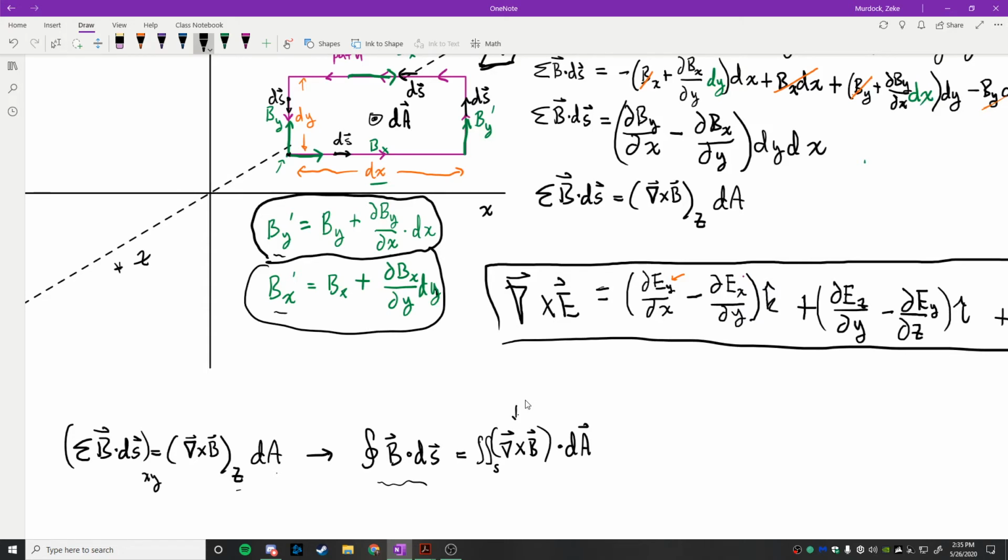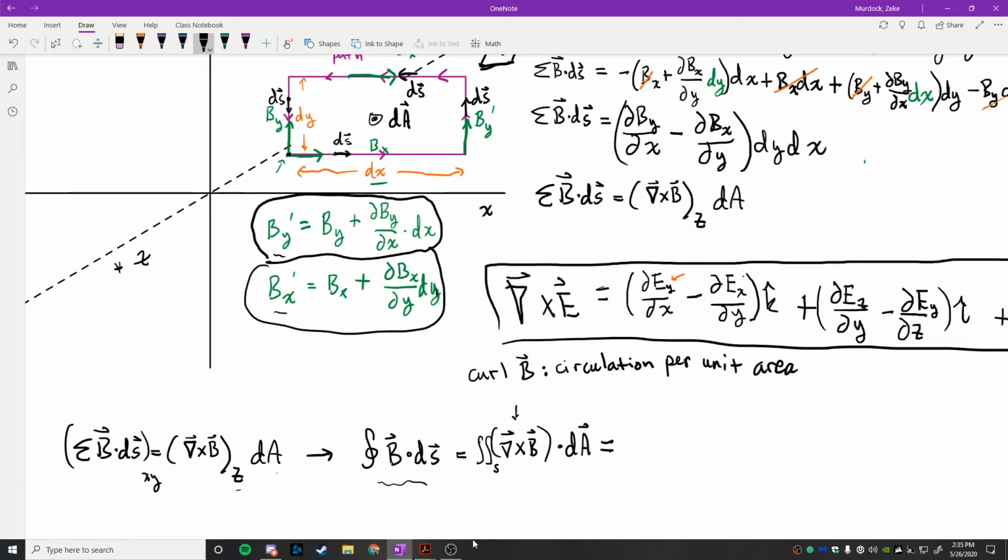You can now see that what the curl of B represents is basically the circulation per unit area. How much does it go in circles per unit area? That's what curl is. Divergence was flux per unit volume, if you go back and look at what we talked about last time. Curl is circulation per unit area. Okay?